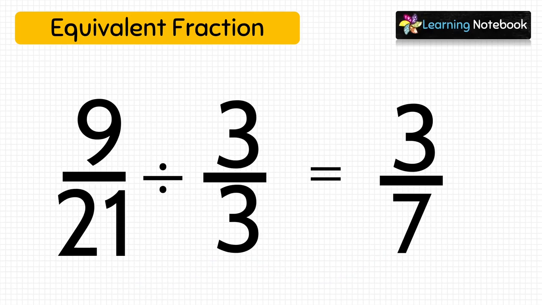So 3 by 7 is an equivalent fraction of 9 by 21. So students, this is how we make equivalent fractions, either by multiplying or by dividing the numerator and denominator by the same number.